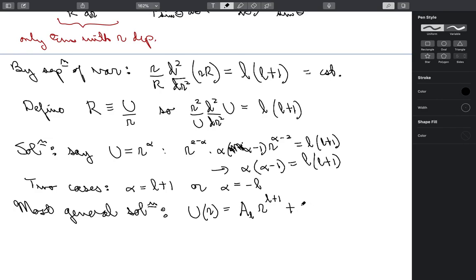But it could also have another part of the solution, which is just some constant B_L times r to the minus L.